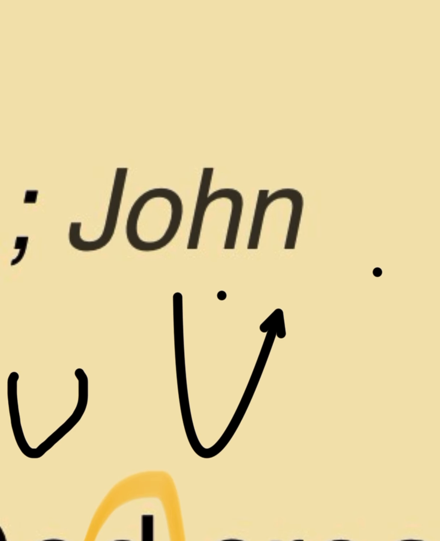U is a derivation, was derived from V. V is written like this. V is written like that.